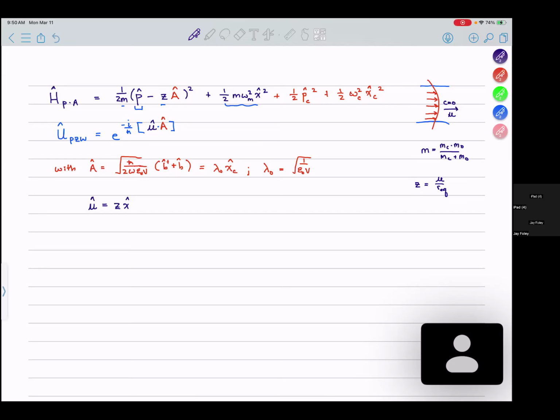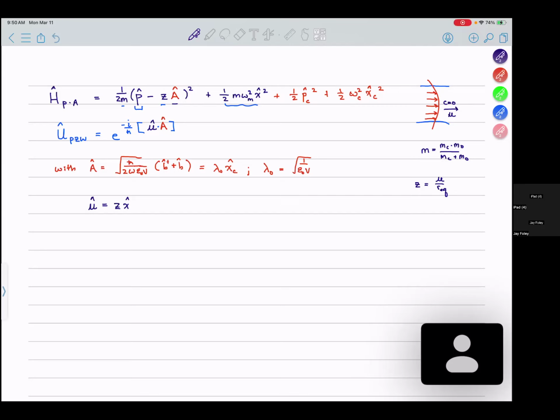So for that molecule, I've got a harmonic oscillator Hamiltonian, and then I'm coupling it to a single mode in the cavity, which has a vector potential associated with it, A hat, that's in red.